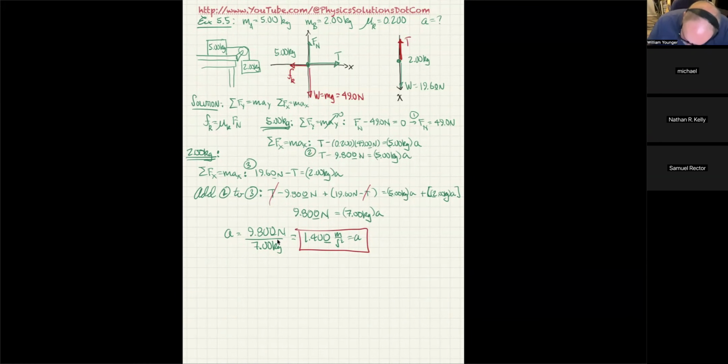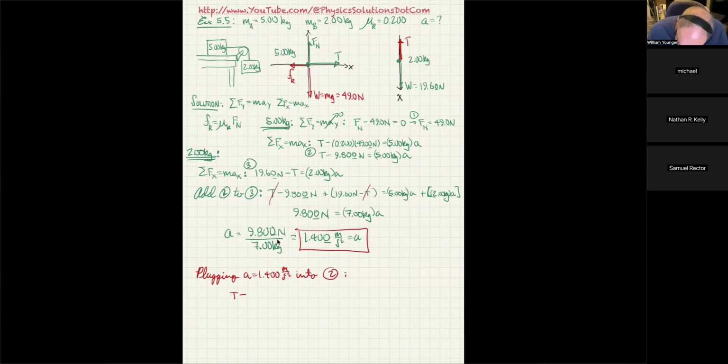I'm going to write this in red because this is extra, plugging A equals 1.400 meters per second squared into equation 2, we're going to get the following.